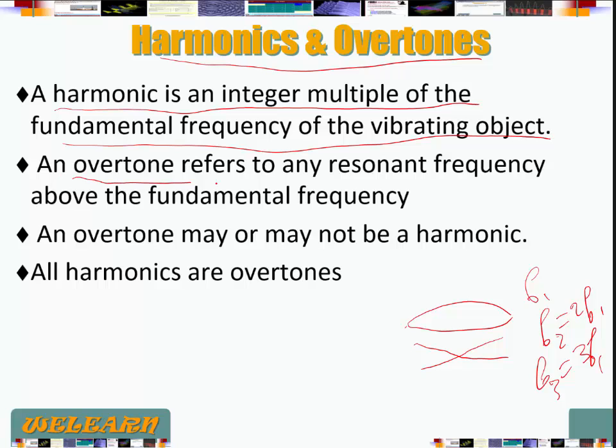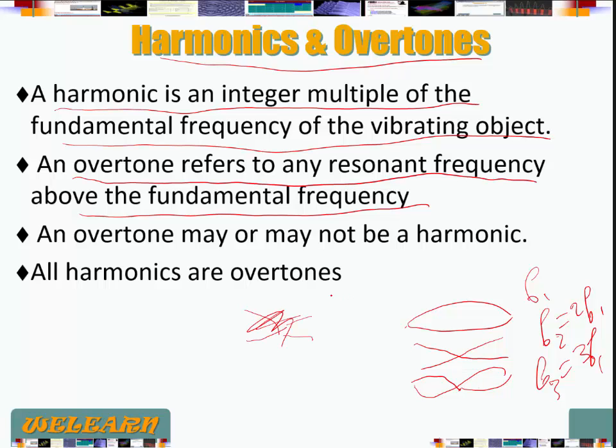Overtones, however, refer to any resonant frequency above the fundamental frequency. So they are above the fundamental frequency. The first overtone starts here. So that's our first overtone. Now, an overtone can be a harmonic, like here. The first overtone is the second harmonic in this case.